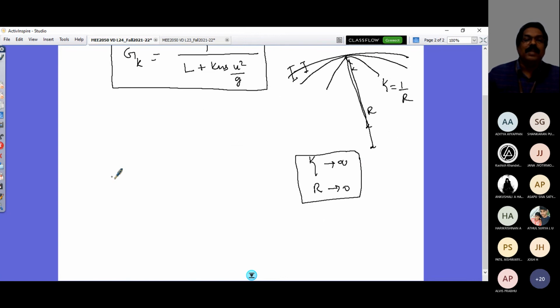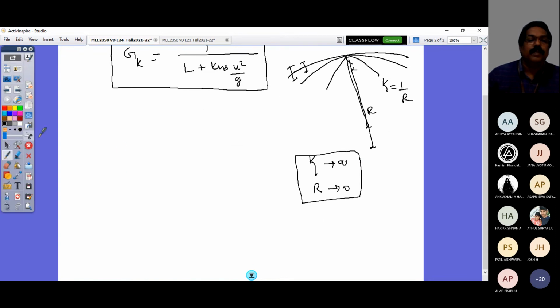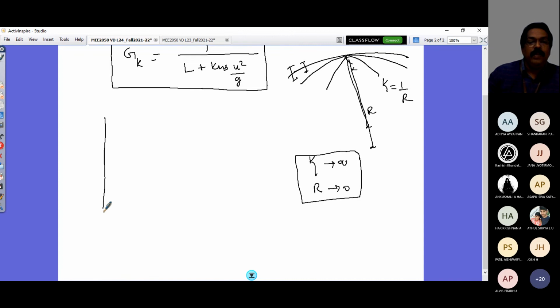So to understand that, let's again plot this equation. Let me take the vertical axis as my curvature gain, G curvature, and the horizontal axis as the speed of my vehicle. So this is 50, 100, 150 kilometers per hour. And you see my equation here.